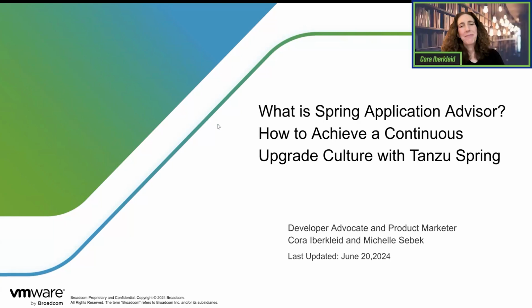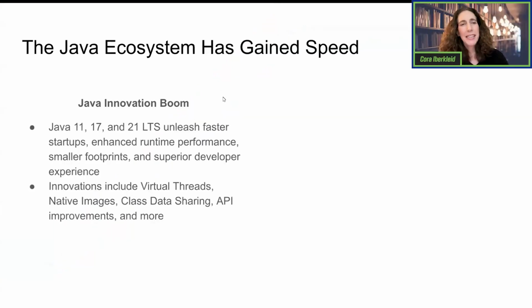Absolutely. Thank you, Kelly. I wanted to start by setting a little bit of context. The Java ecosystem has gained a lot of speed in the last few years. We've seen a real boom in innovation. Java 8 was a standard for a very long time. And then starting in 2018 with Java 11 and then 17 and 21, those are the long-term releases of Java.